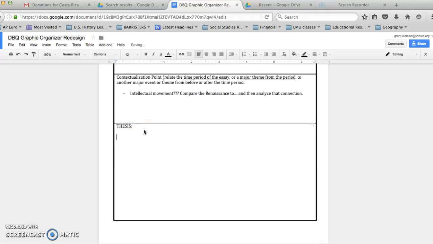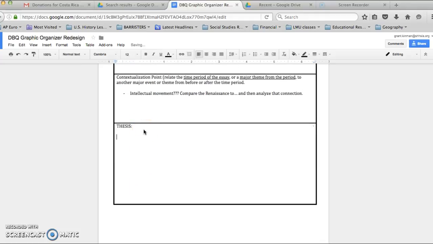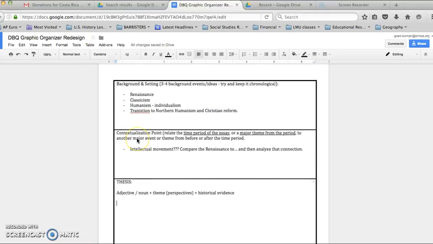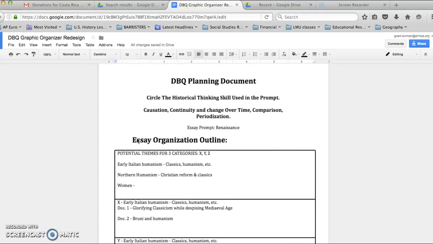Alright, I'm going to give you your formula again. Remember, this was our formula. Adjective or noun plus your theme, and in this case we're talking about perspectives, plus historical evidence. So I'll give you a sentence frame. You don't have to use it, but if we're going back to our thesis, remember we're always answering the question.